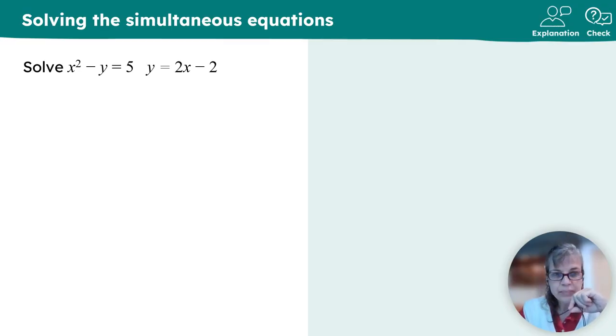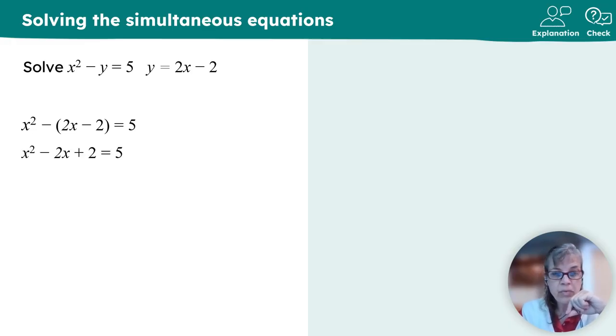Let's try another one. Here's another nonlinear equation and a linear one. Again, we could use substitution. We have one equation that says y is equal to 2x minus 2, so let's put that in place of y. Now watch carefully, you have to put it all in a bracket so that you don't lose the fact that the negative affects both terms.